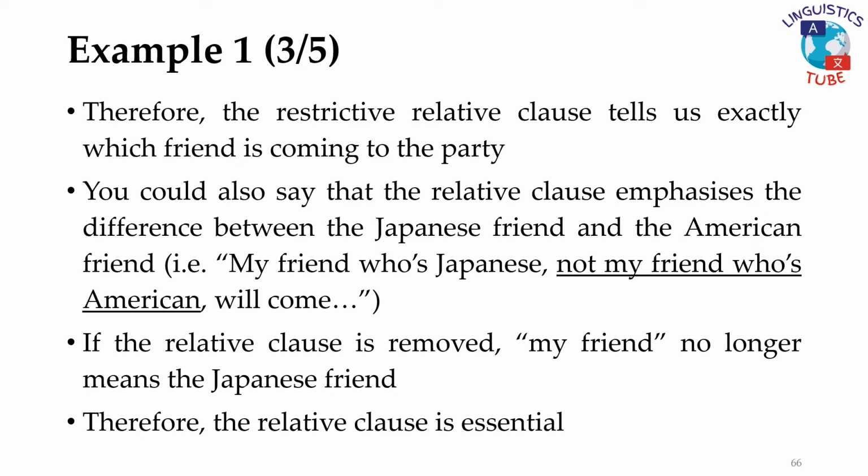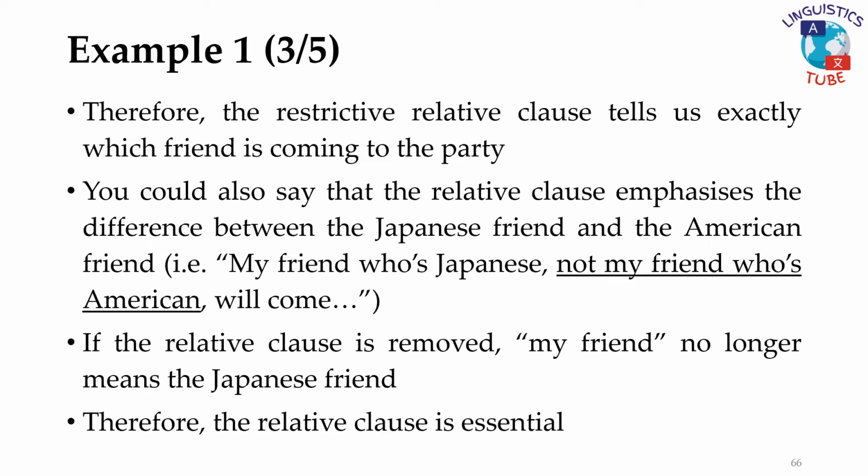For example, if the friend's name is Yoko, then removing the relative clause, only saying, my friend will come to the party tonight, means that the noun phrase, my friend, no longer refers to Yoko. The noun phrase instead now has a more vague, generic meaning.